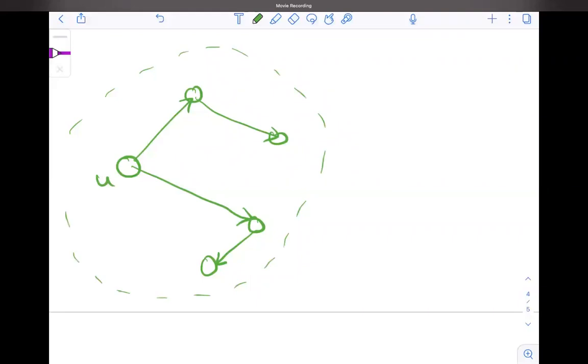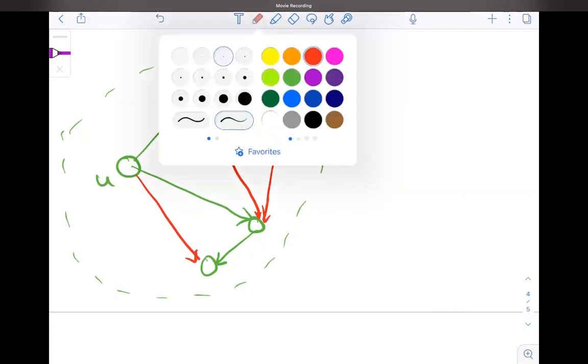There can be other edges in this graph that I am not interested in. There can be lots of other edges. But the green vertices are the ones for which I know the shortest path from U. Is that fine?